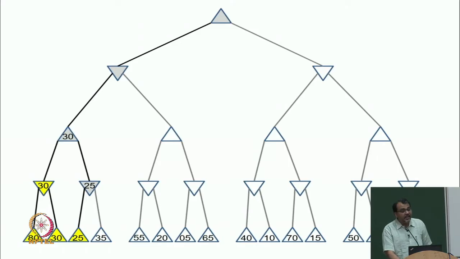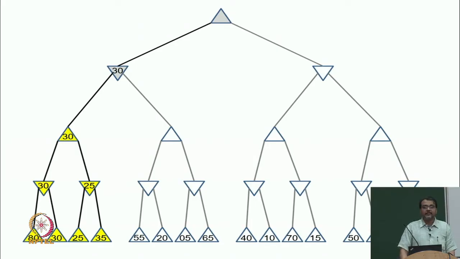So, you get 25, then you get a 35. What is the new value of the min? 25, because it is a min. 35 is worse, so it does not get changed, and so this 25 then gets sent up. The previous value of the max was 30, the new value of the max is 30, because 25 is worse, and this information goes up, which is the min node.